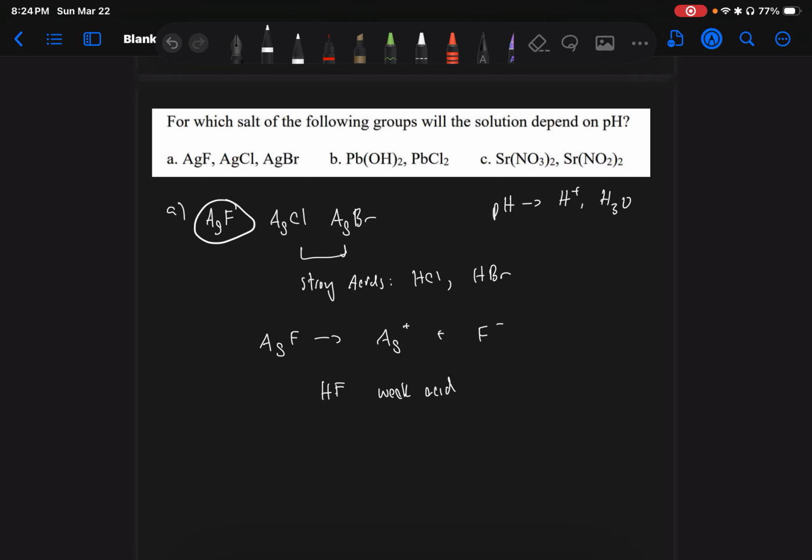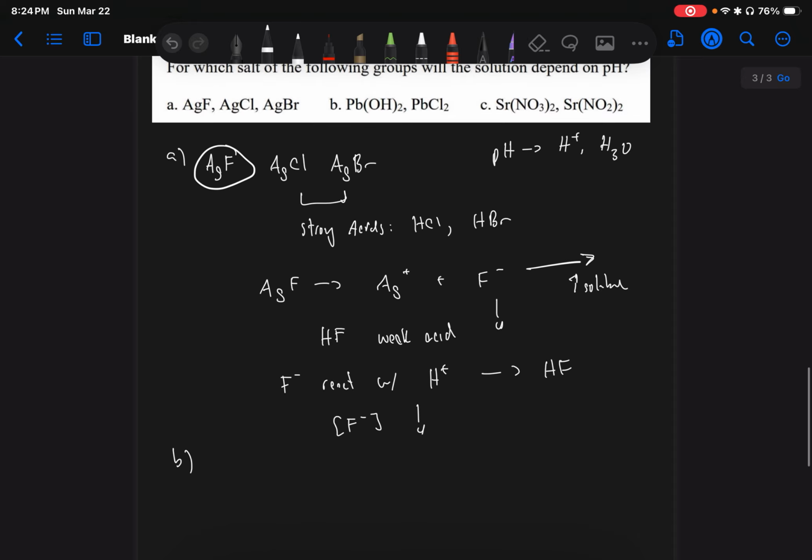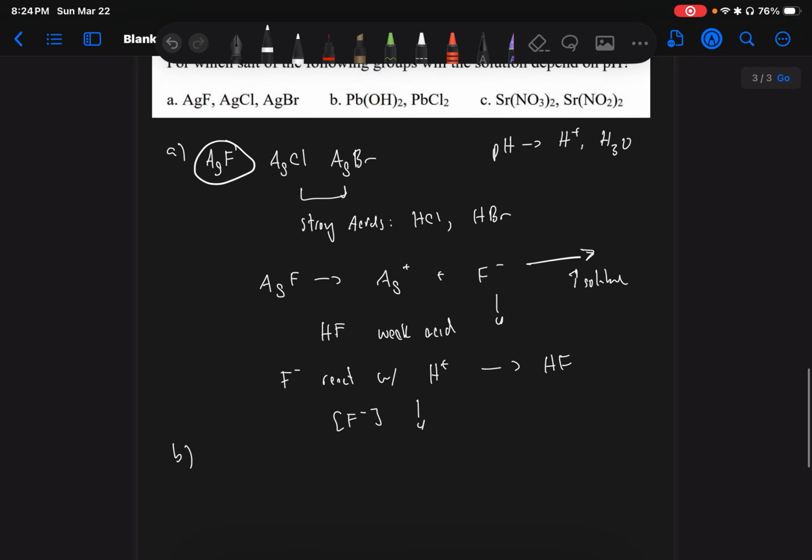So F minus will react with H plus to make HF. And when the F minus reacts, the concentration of F minus will decrease. If we decrease the concentration of F minus, the reaction will progress to the right, and that will increase solubility. So therefore, AgF will be affected by pH. I'm not fully understanding that, but yeah.